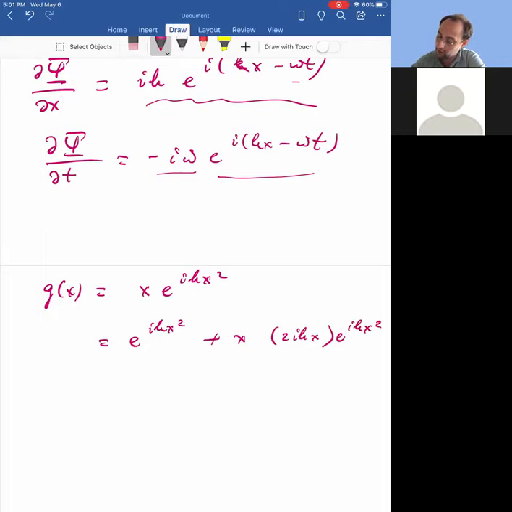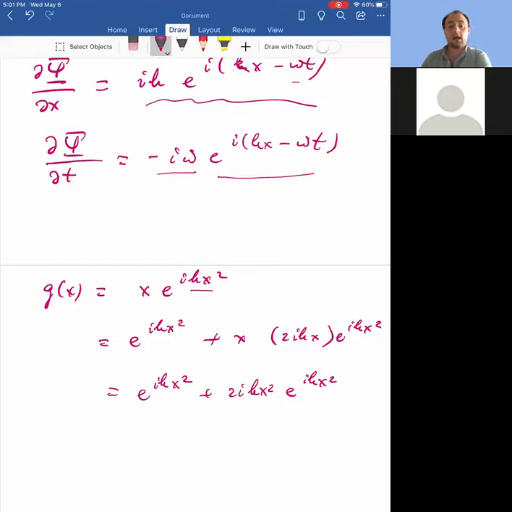So it's chain rule, chain rule, chain rule, which is e to the i(kx squared) plus 2i(kx squared) e to the i(kx squared). Guys, it's all it is. It is just a chain rule, right? I applied the differentiation here, I brought the 2 down, multiplied, and so on.